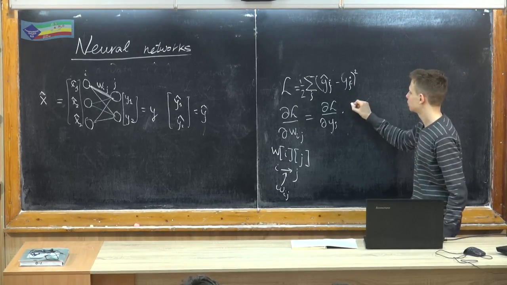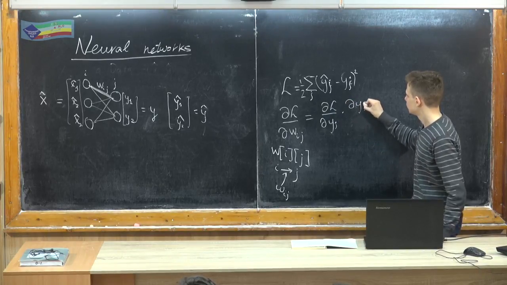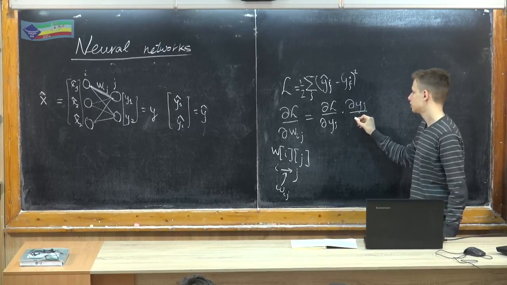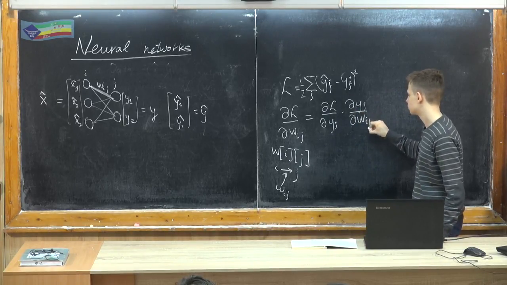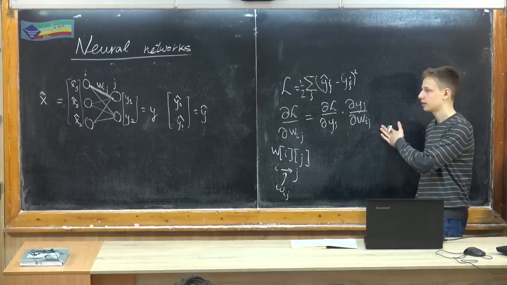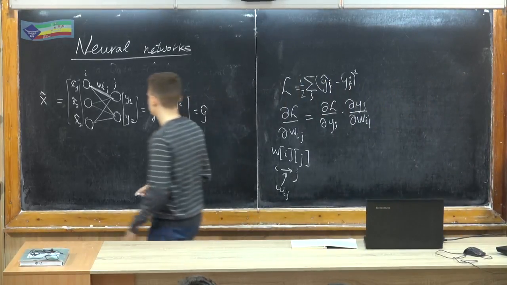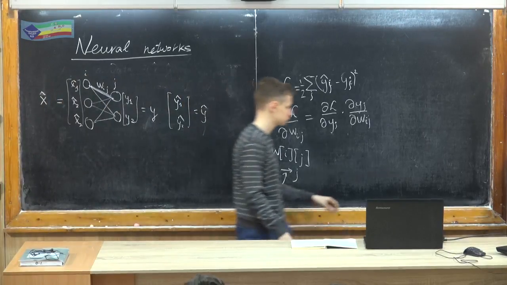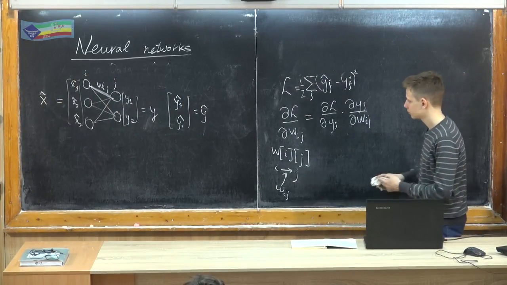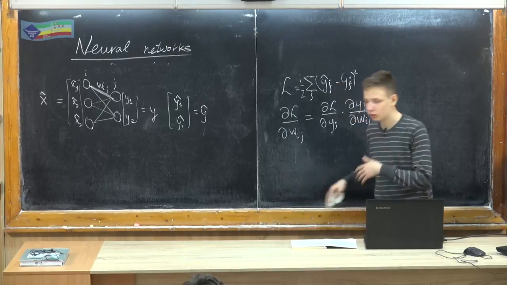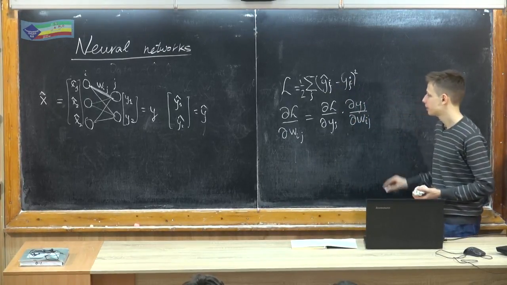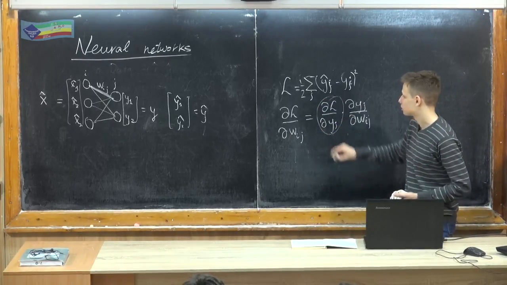Then we need to calculate the partial derivative of yj with respect to this weight. This means how this weight affects this particular neuron. So that's how we are going to deal with this problem step by step. First of all, we need to find this.